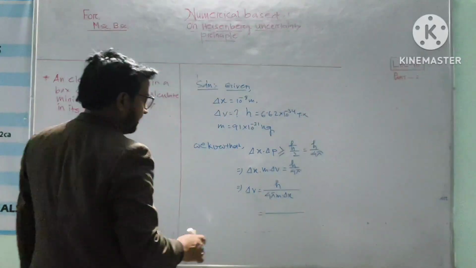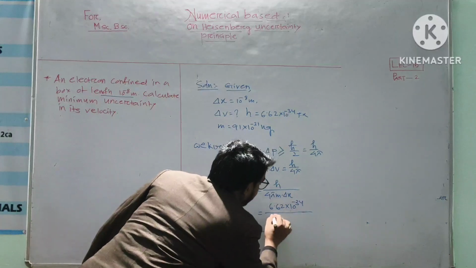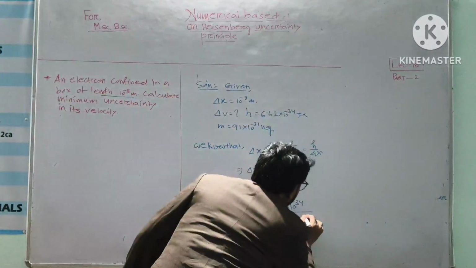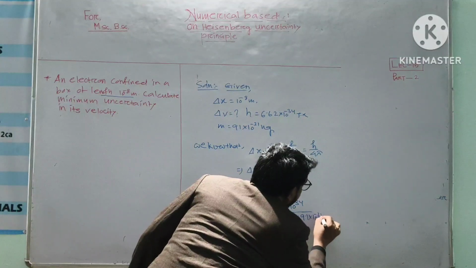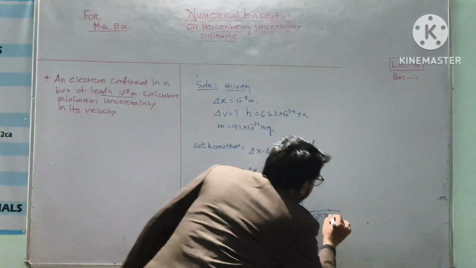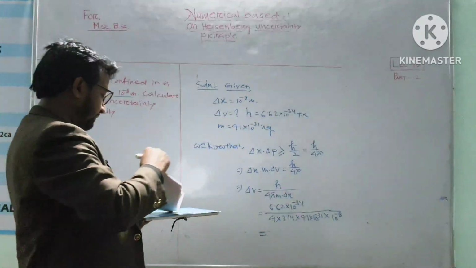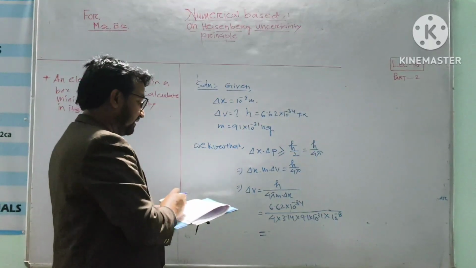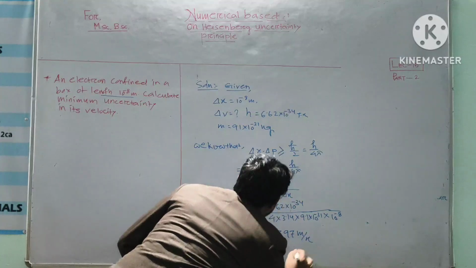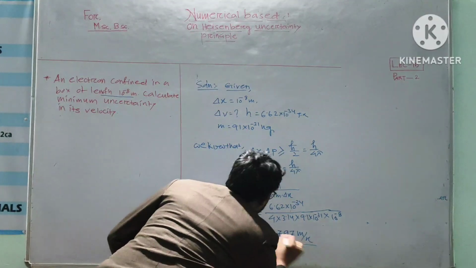Now the value of h equals 6.62 into 10 to the power minus 34, pi equals 3.14, m equals 9.1 into 10 to the power minus 31, and delta x, the uncertainty in position, equals 10 to the power minus 8. After solving this, we will get 5797 meter per second. So this is our required answer, that means the uncertainty in velocity.